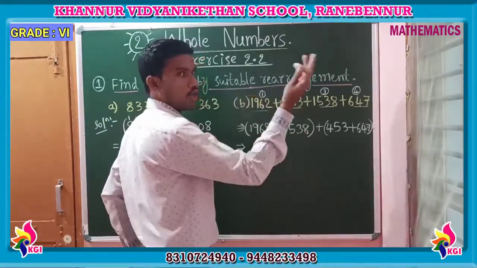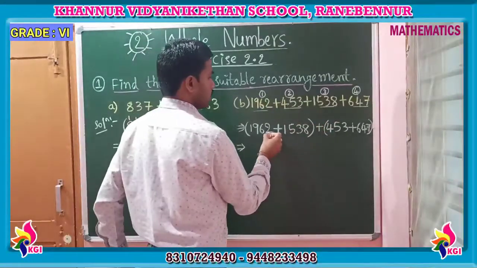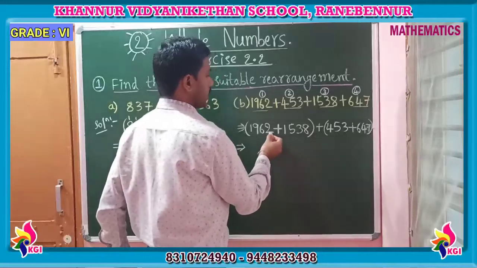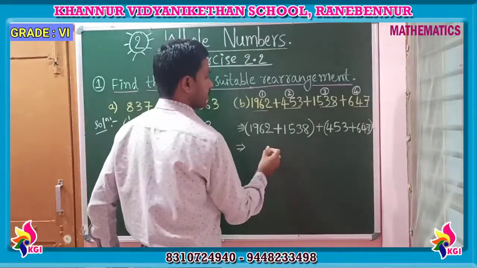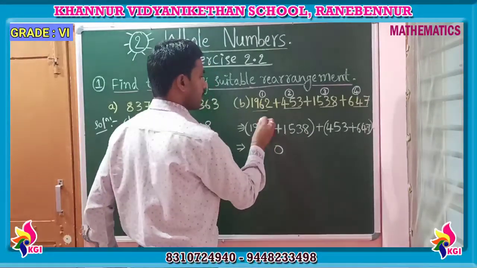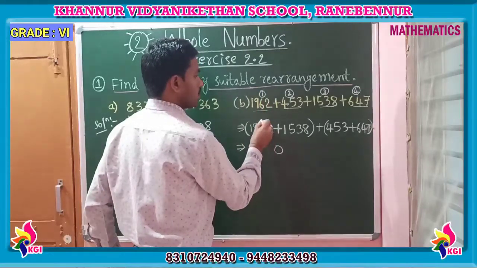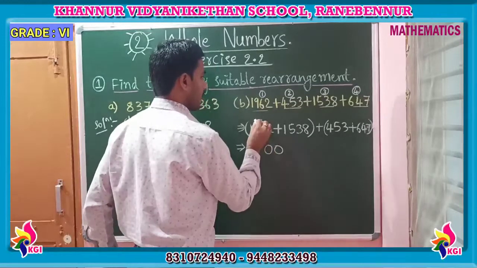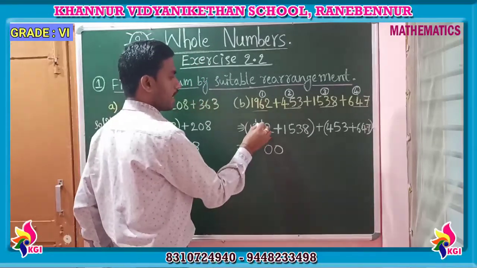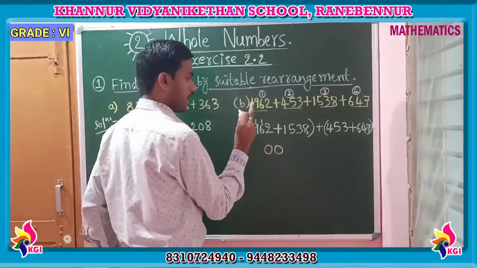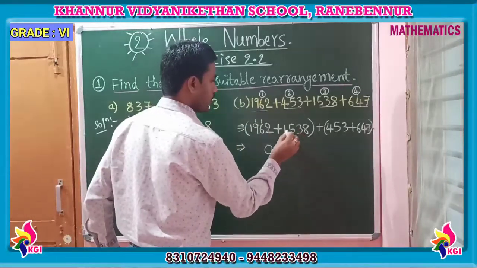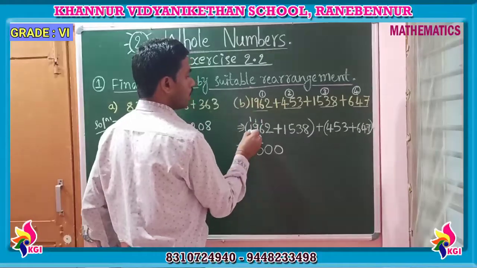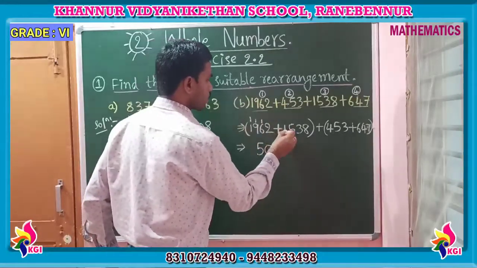horizontally. You learned in our previous class how to add horizontally. 2 plus 8 is 10, carry 1, then 6 plus 1 is 7, 7 plus 3 is again 10, carry 1. 1 plus 9 is 10, 10 plus 5 is 15, again carry 1, 1 plus 1 is 2, 2 plus 1 is 3.